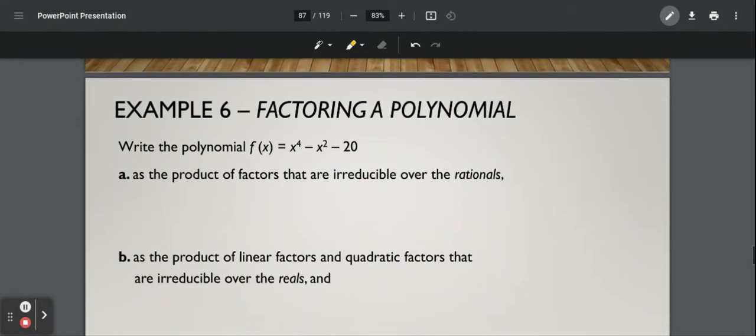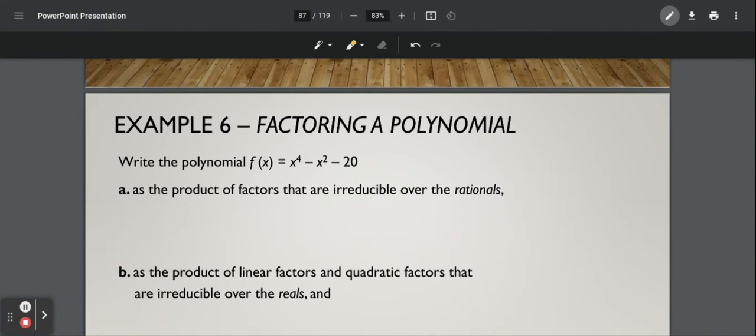For this example, we're going to first write the polynomial as a product of factors that are irreducible over the reals. Something that could be a little tricky: when you have this x to the 4th and x squared, we're still going to factor it like we would if this said x squared minus x minus 20.